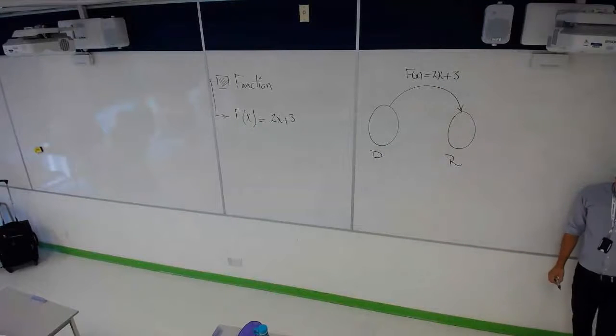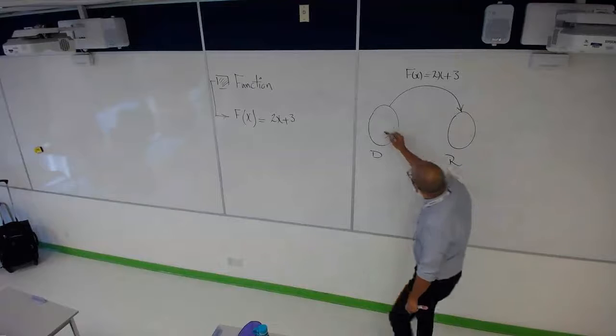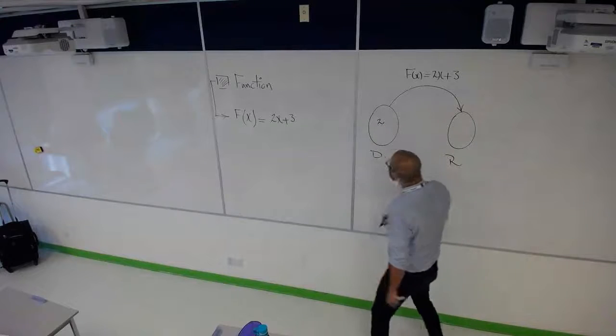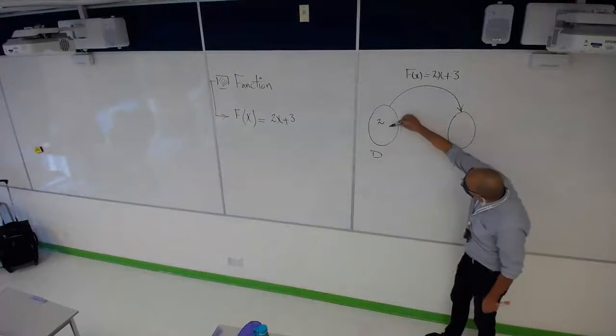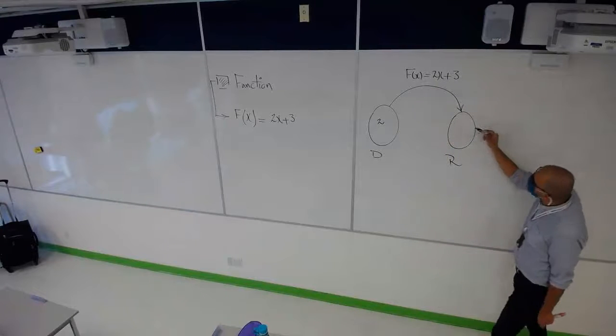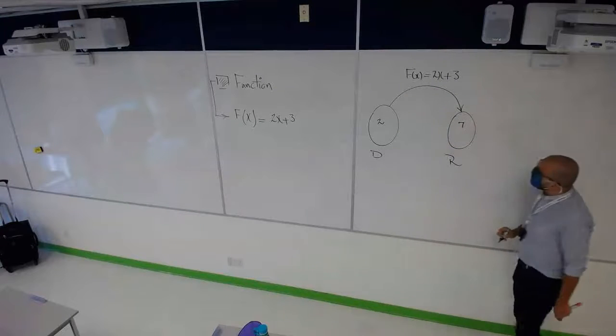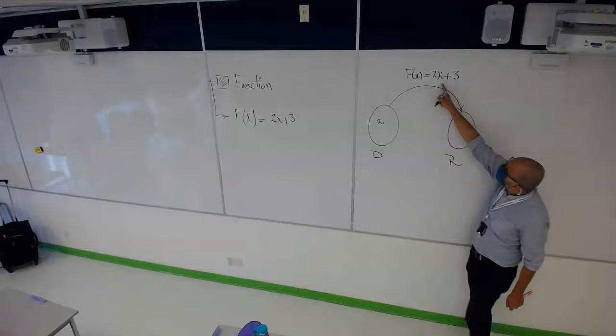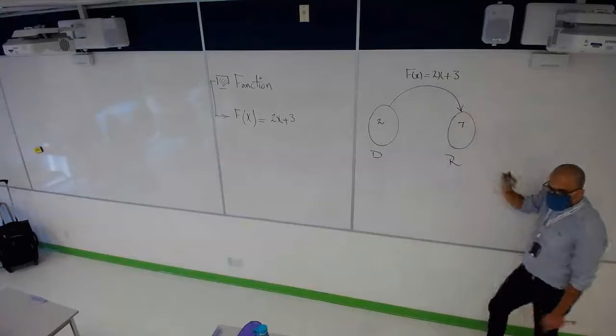Imagine as part of the domain, I put in 2. When 3 goes through the machine, we get 6. The domain is transformed, the domain plus 3.